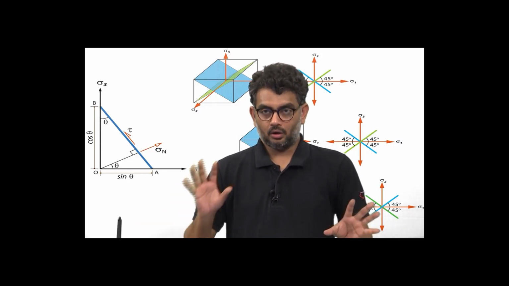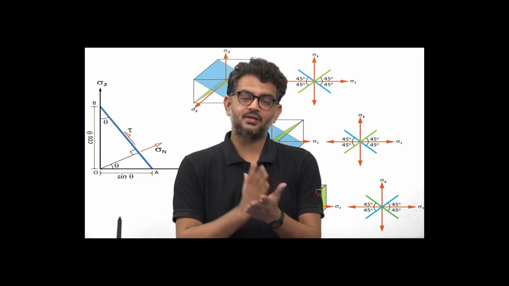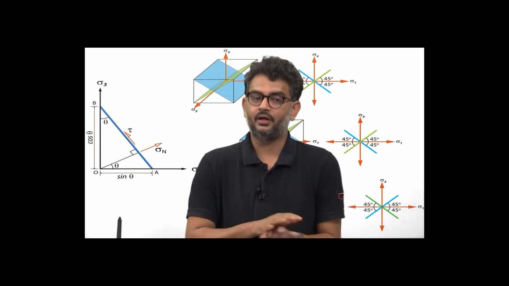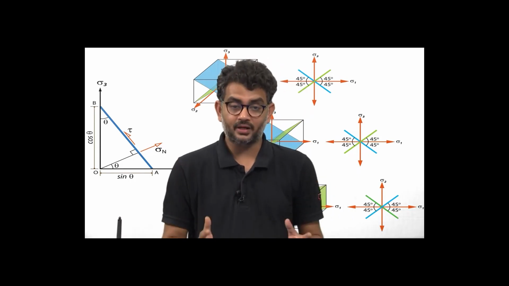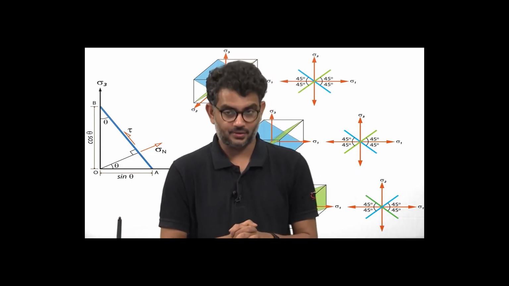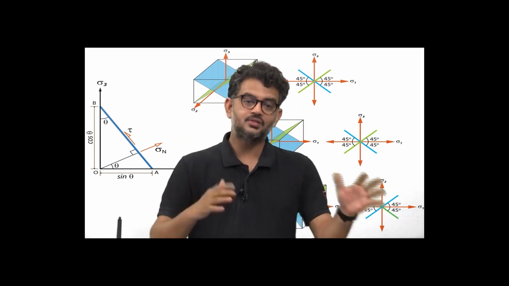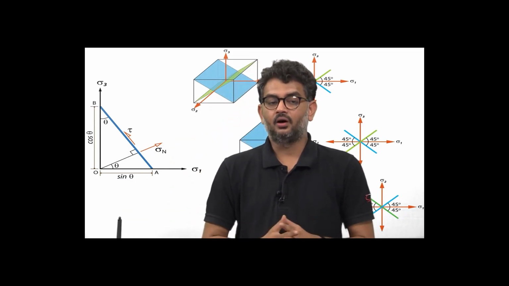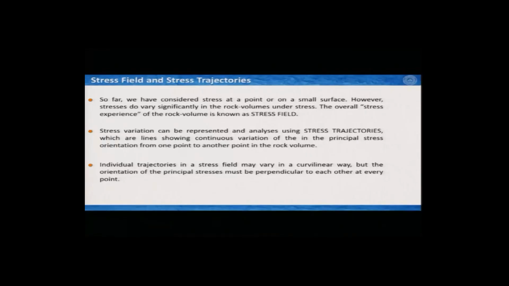We have to visualize that stress at each and every point is not constant. They do vary significantly in the rock volumes under stress. So, the overall stress consideration from each and every point we generally call a stress field, and in this stress field the stresses do vary from one point to another point.